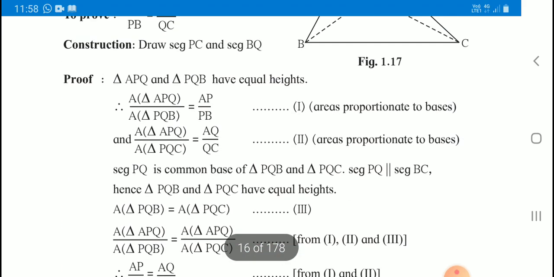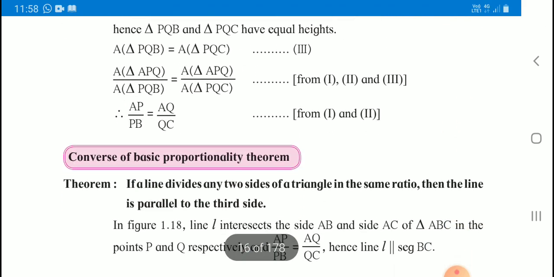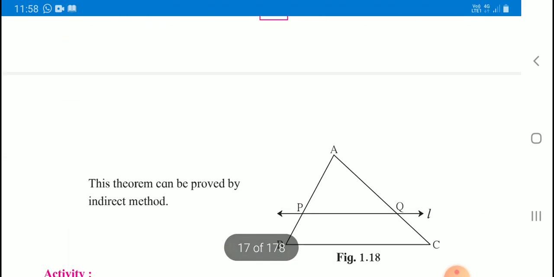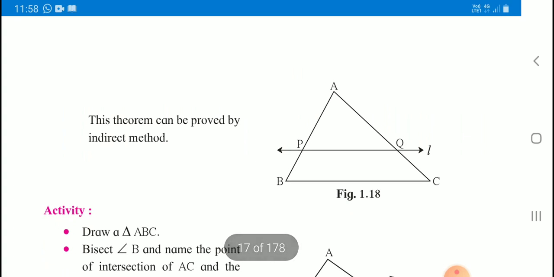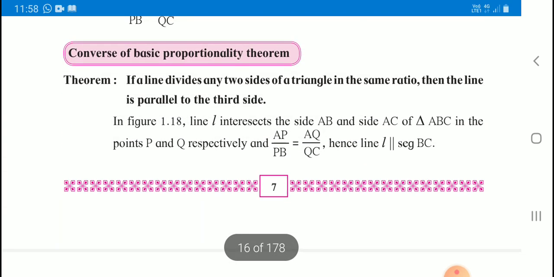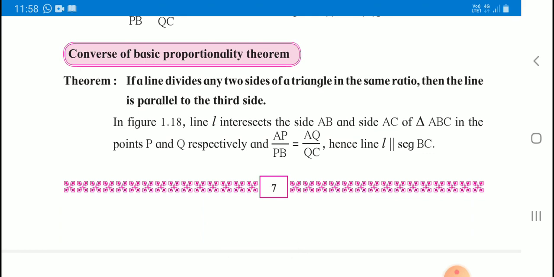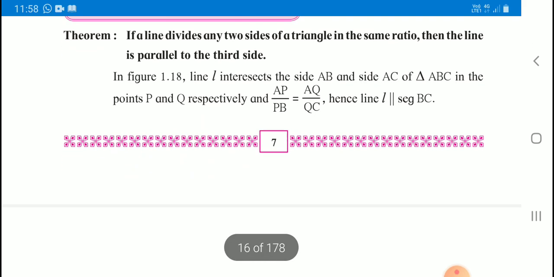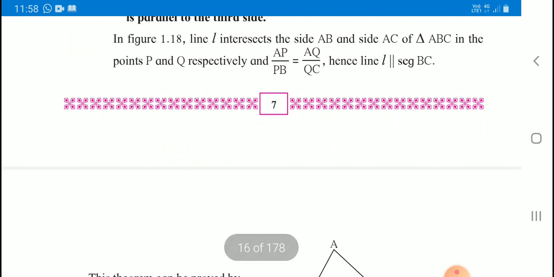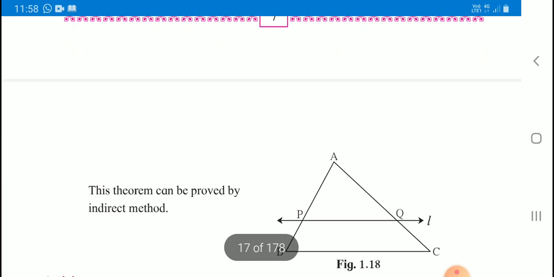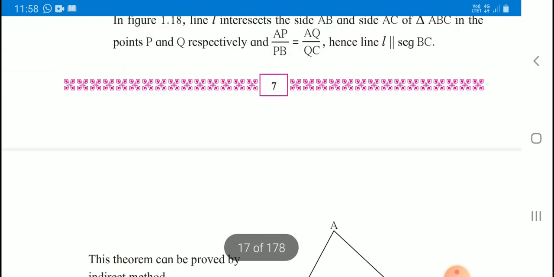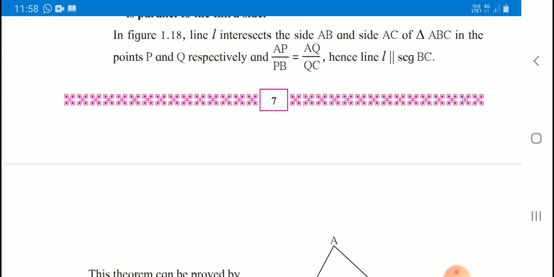Now again we have to see the figure, figure number 1.18. Here they have given that in figure 1.18, line L intersects side AB and side AC of triangle ABC in points P and Q respectively. And what is given? AP upon PB is equal to AQ upon QC.